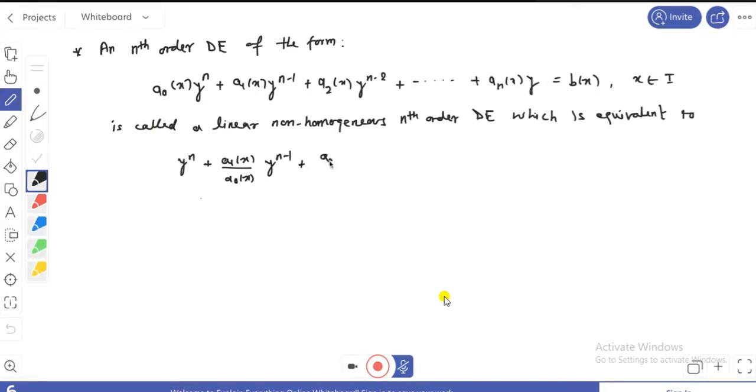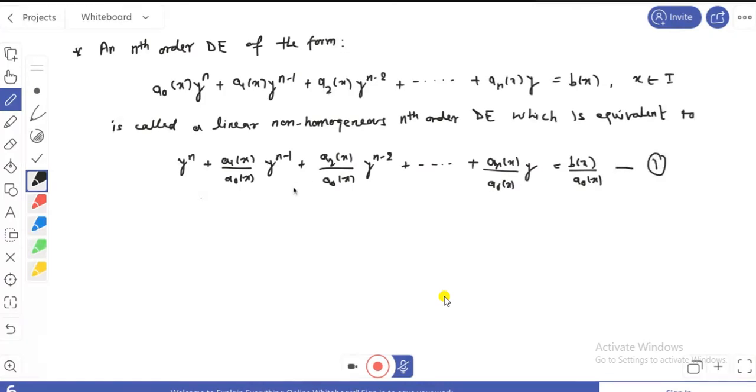Then a2(x) over a0(x), and this is equivalent to an(x) over a0(x) times y, and this equals b(x).